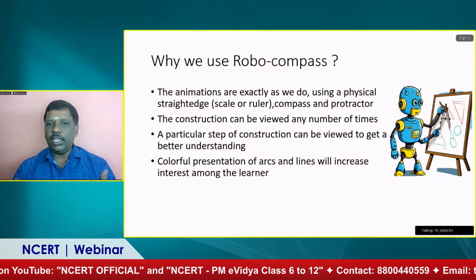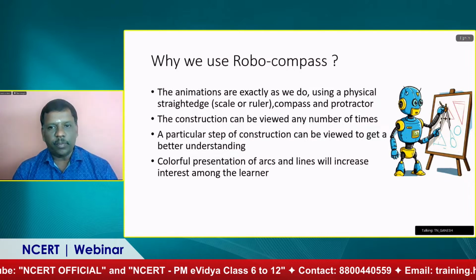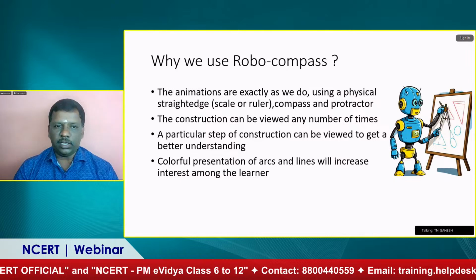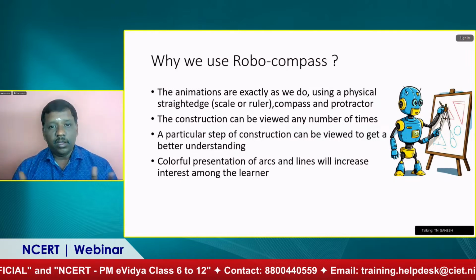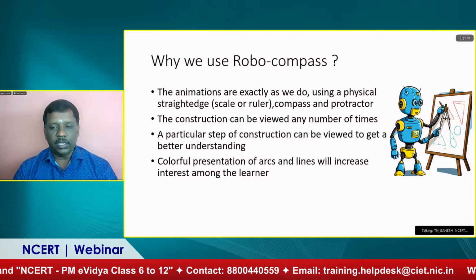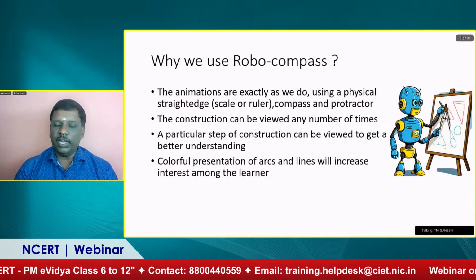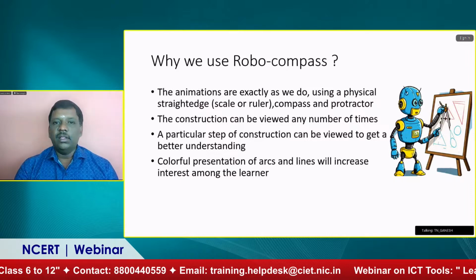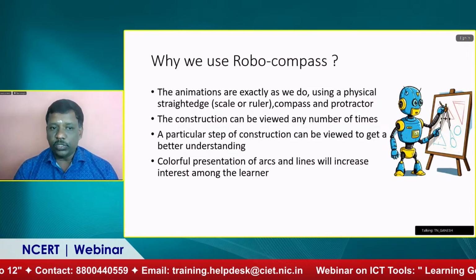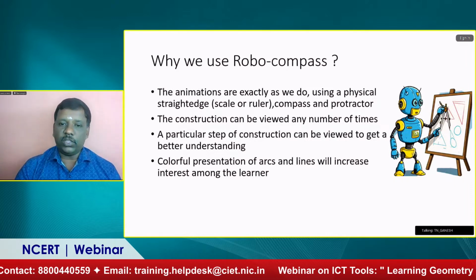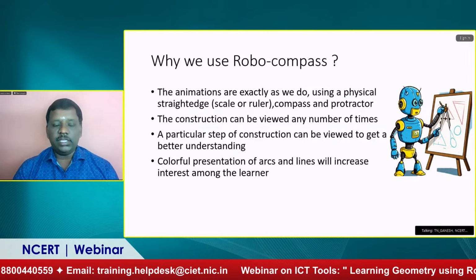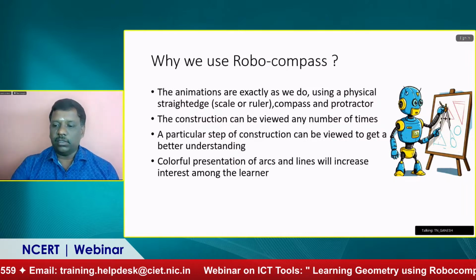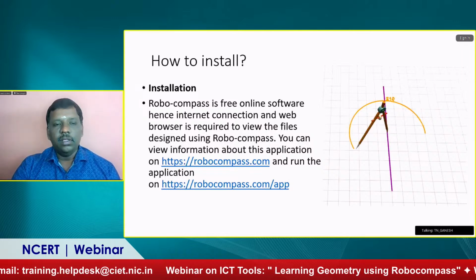Whenever the students have a doubt, we can easily refer to this module because we can save it for later also. And we can present it in a colorful manner, because with the pencil we can only use black and gray color, isn't it? But in this Robocompass, we can use a colorful presentation with arcs and lines, and increase interest among the learners. That is the primary thing.